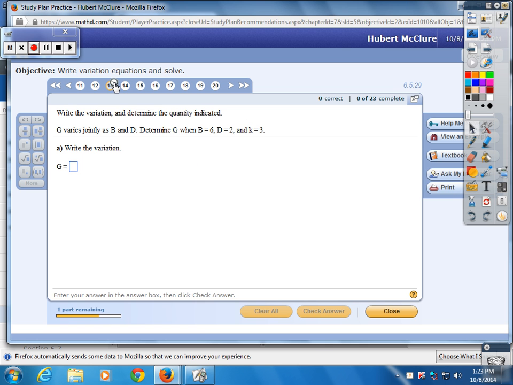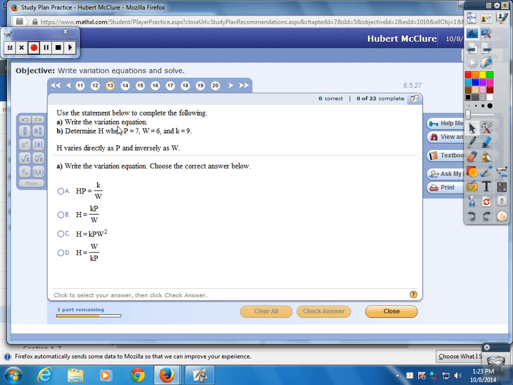Okay, I don't want to do that one yet. Let's see what it says. Use the statement below to complete the following. Write the variation equation of H varies directly as... No, that's mixing it again.